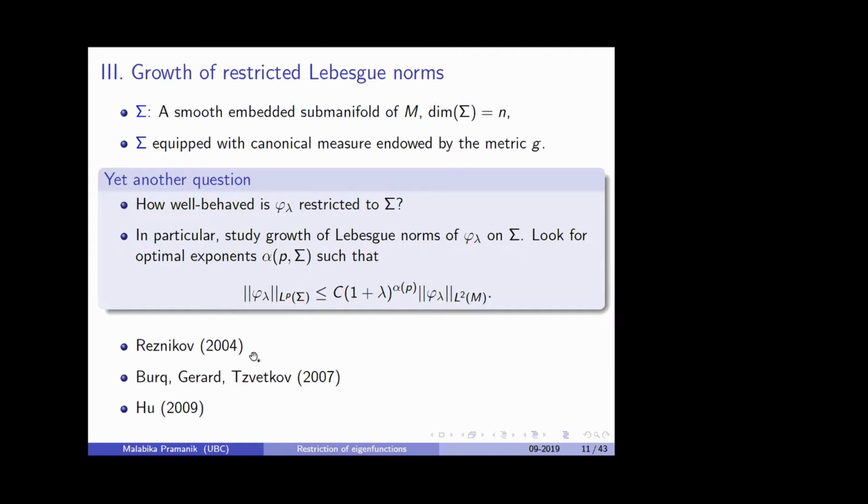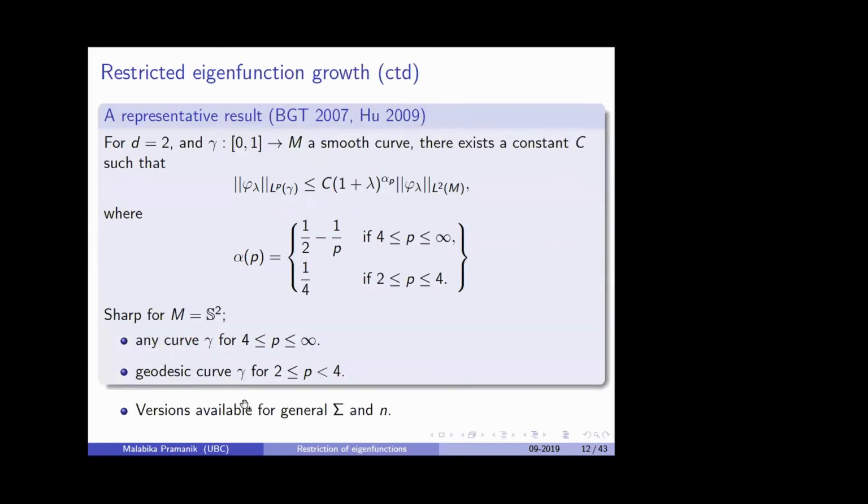The first work in this direction is by Reznikov, and a representative result that is of immediate interest to us is due to Burq, Gérard, Tzvetkov, and independently by Hu. So the next slide talks about that result.